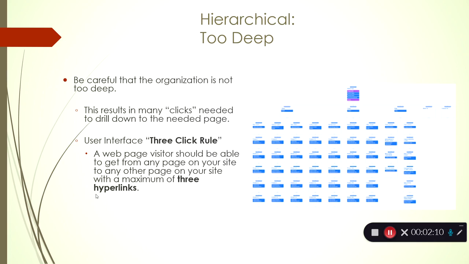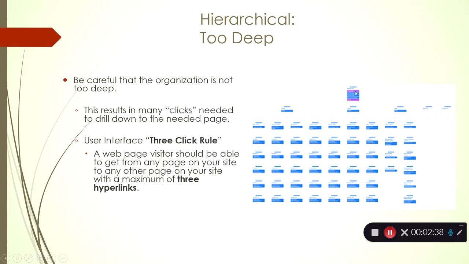And the second thing, we also have to avoid too deep an architecture. For example, look at this picture. If you want to reach this page, you have to first start from the home page, then this link, then this page, and then from this page there is another page inside. From this page you have to move to this page, and then to this page, and similarly you have to move around all the pages to reach this page.